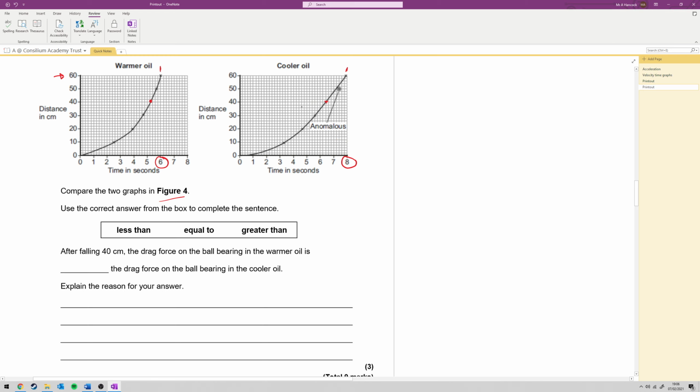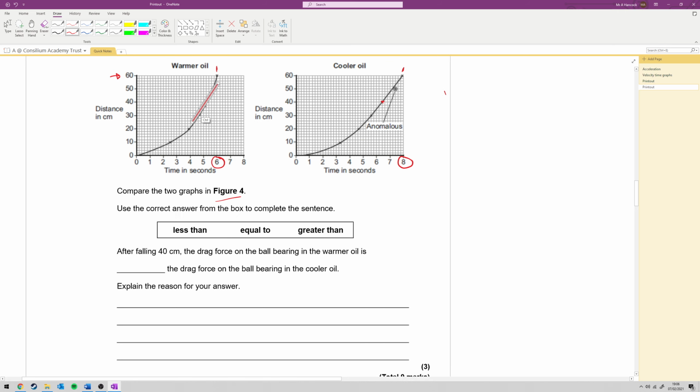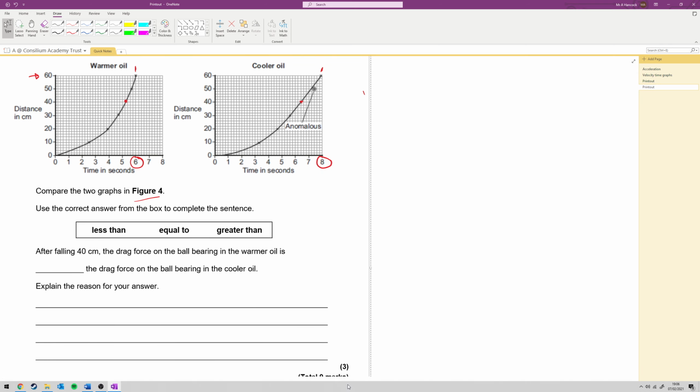Now, if I was to think about this, I've told you before that the steepness or the gradient of this line tells you which one's going faster. So the steepness of this graph, or the gradient of this graph, tells me the speed. The one that is steeper is the faster one.